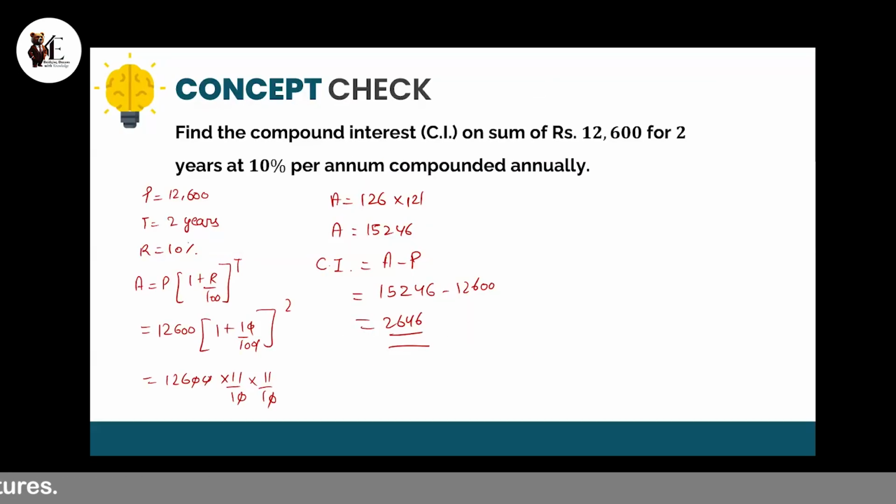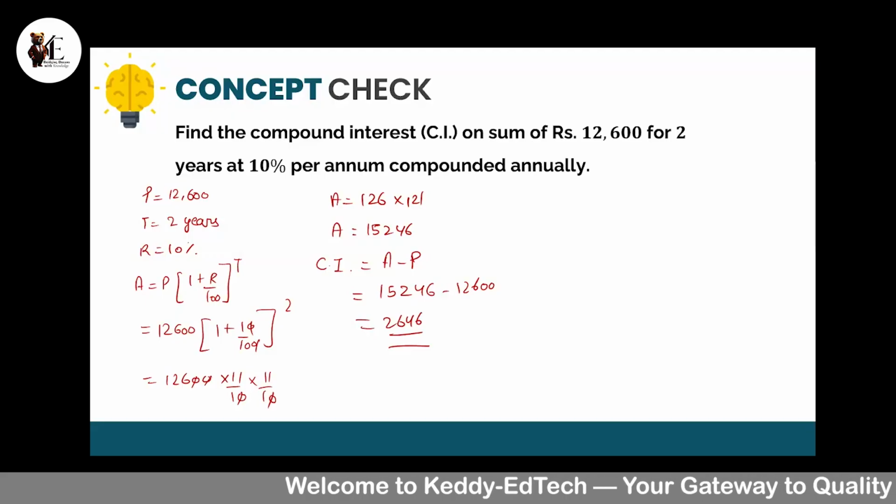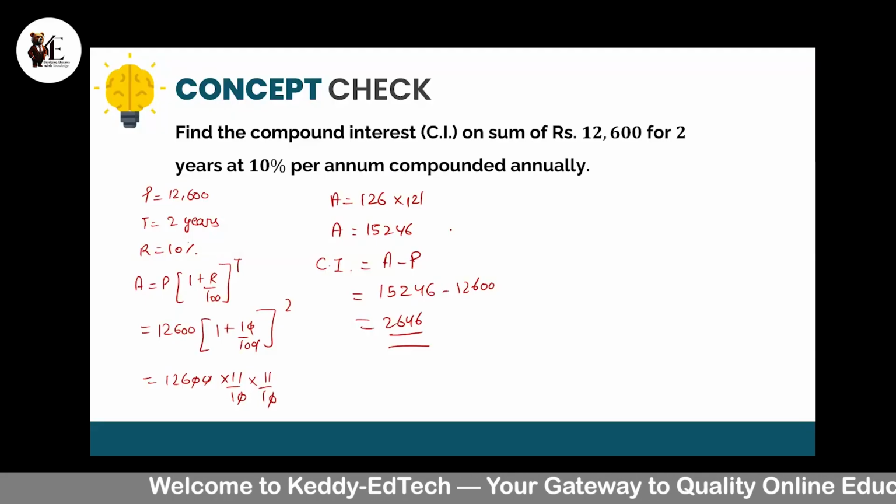Firstly, we have to calculate the amount in case of compound interest. Then we have to subtract the principal from that. That's how we will get the compound interest. I understand, sir.